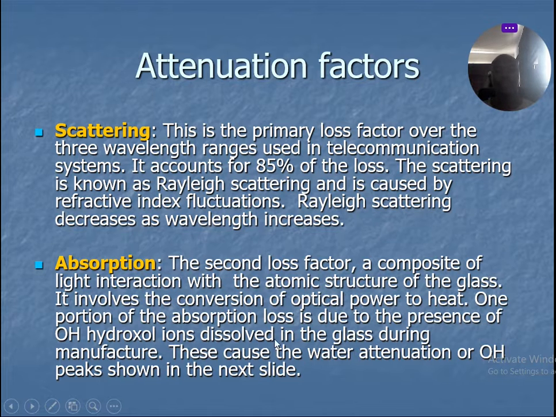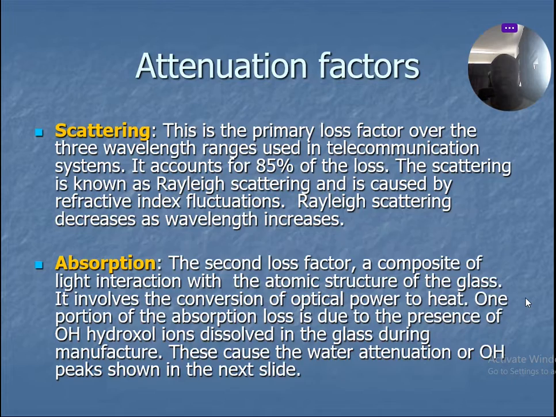So because the light comes in contact and begins to have some characteristic reaction with the OH ions, the negative ions found in the glass, a heat loss results. This is one of the factors resulting in this heat loss, which is called absorption. This causes the water attenuation, or the OH peak.